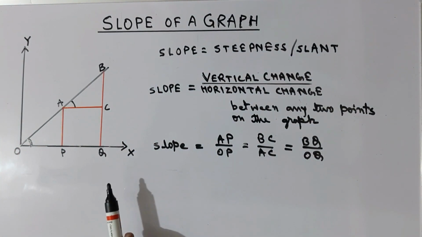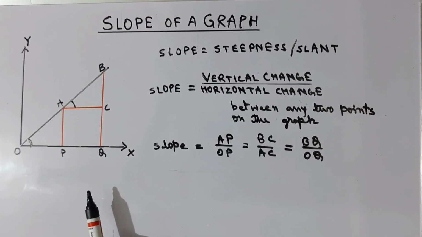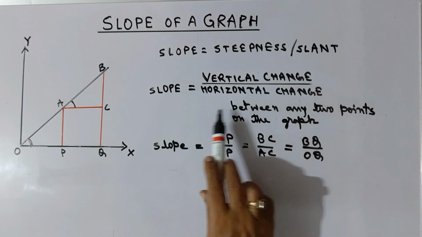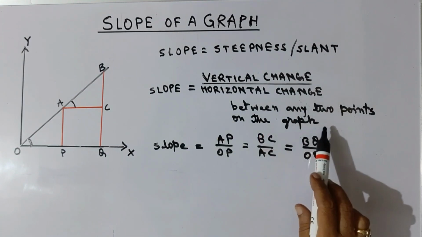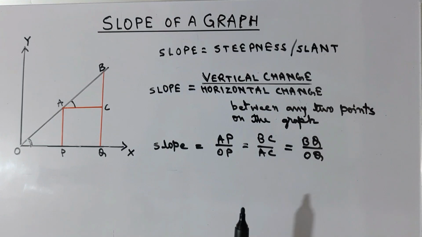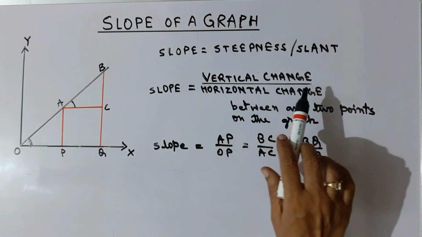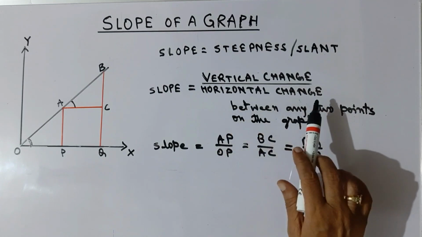We define the slope of a line as the ratio of the vertical change to the horizontal change between any 2 points on the graph. So slope is equal to vertical change divided by horizontal change.